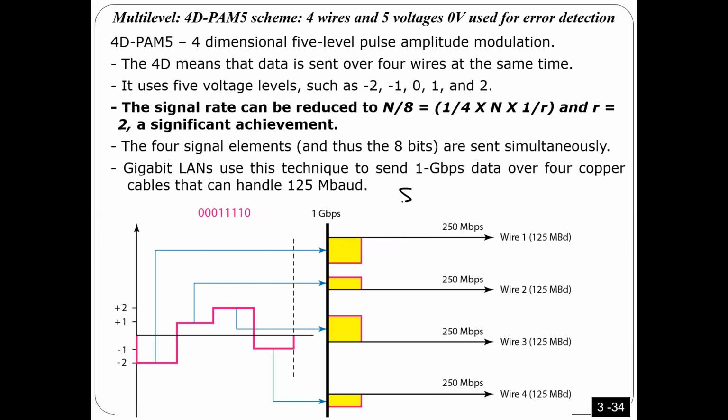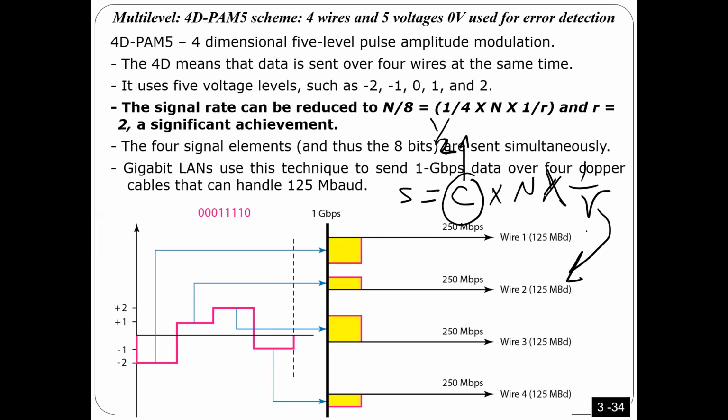As I told you before, the bit rate over the signal element rate should equal C times N times 1 over R. C is constant. Most of the time, C is 1 over 2. You should not worry about how this constant is calculated because in exams and quizzes, I will give you this constant. But here, let's see what R is.